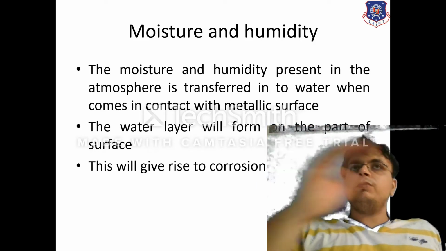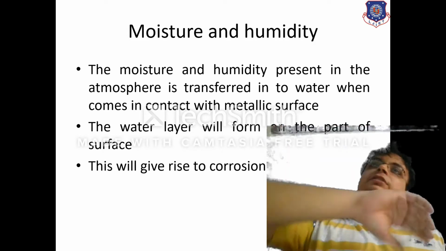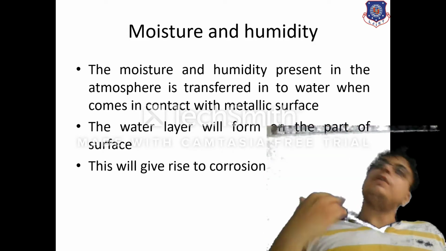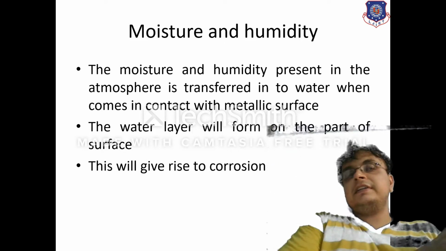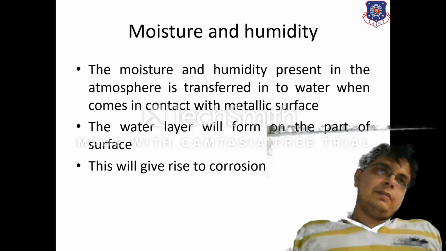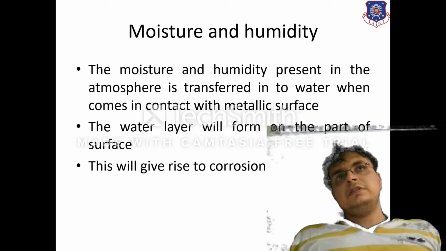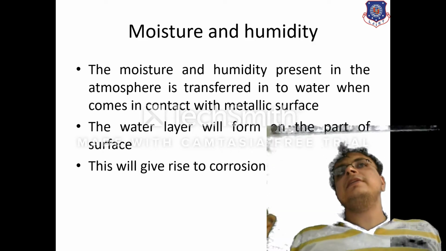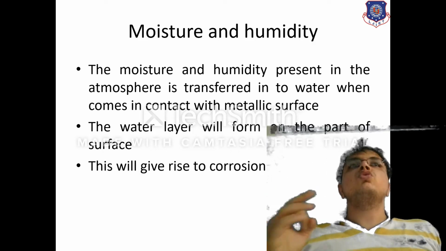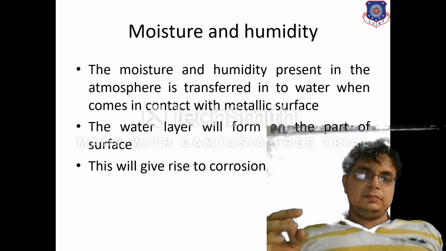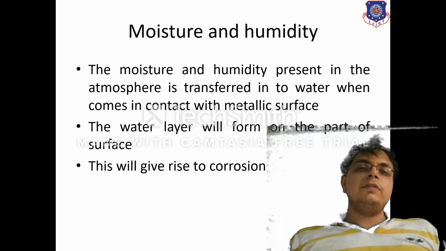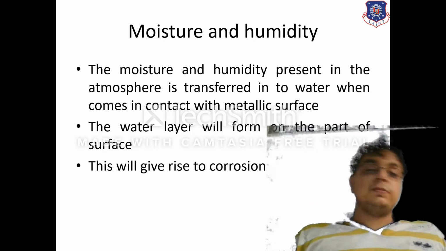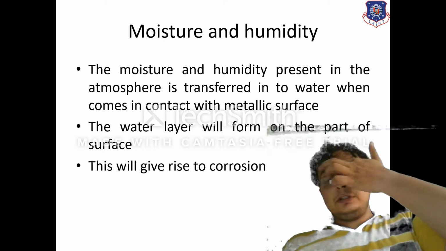This will form a layer of water on the surface. And we all know that if any metal comes in contact with water which contains hydrogen and oxygen, this will ultimately result in corrosion. This is how corrosion takes place with the help of moisture and humidity.